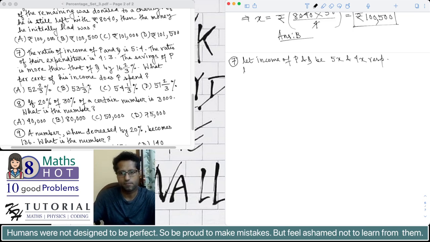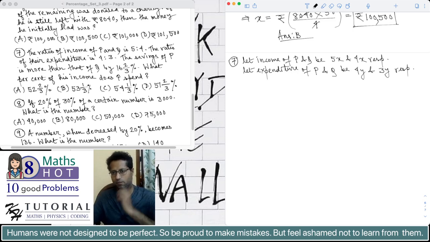Also let expenditure of P and Q be, also based on the given ratio, 4y and 3y respectively. This time we cannot use x, but we have to use some other variable, let's say y. Even though we are having two unknowns x and y, let's see what happens.